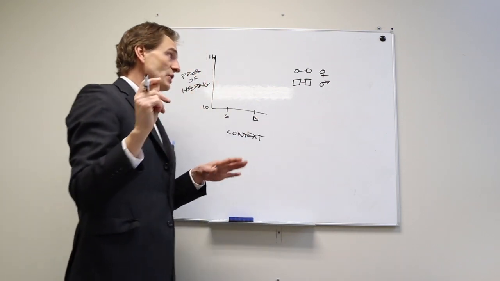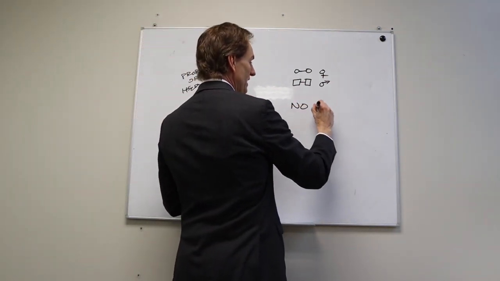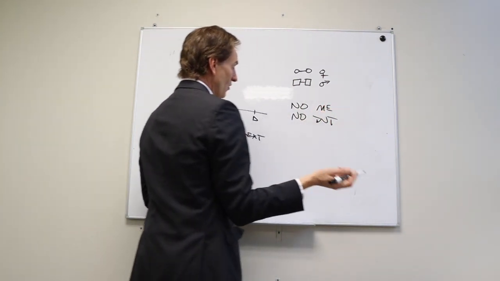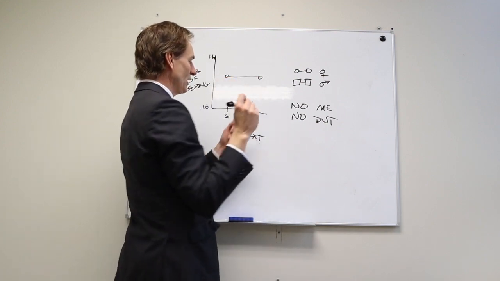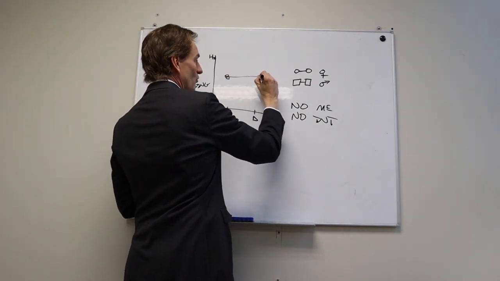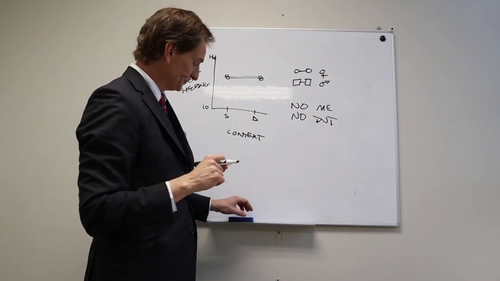Okay? So what does it look like if we have no main effects and no interactions? Well, in that case, what we would find is that women are helped equally often when they're sick as when they're drunk, and men are helped equally when they're sick or when they're drunk, and about as equally as women are. Okay?